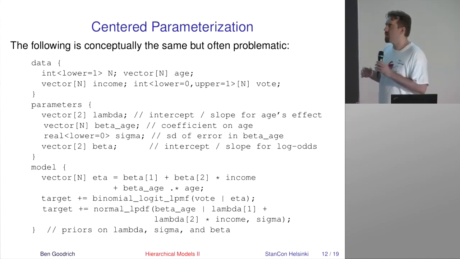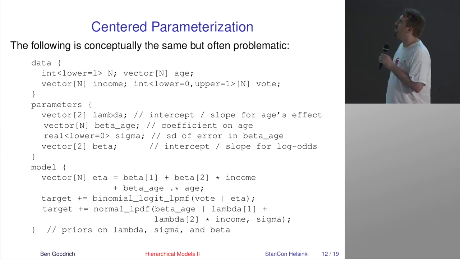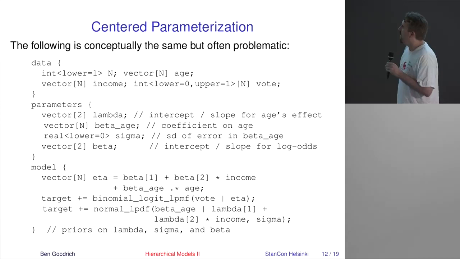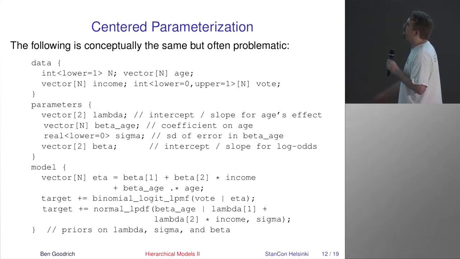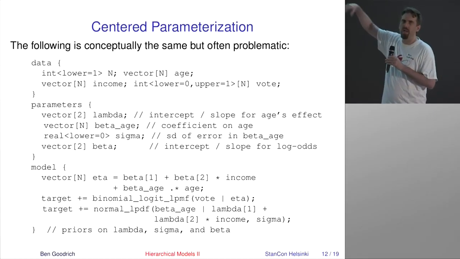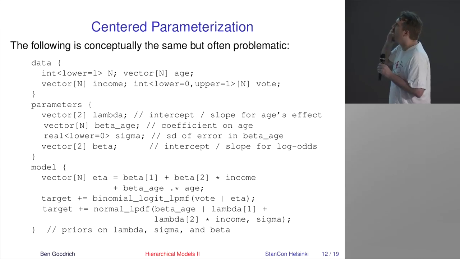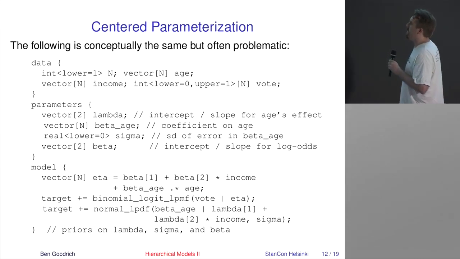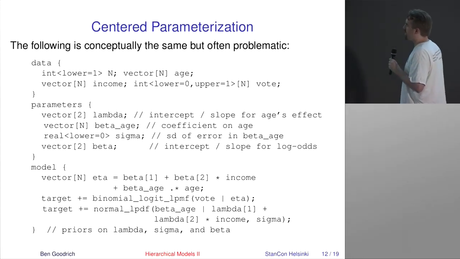We could use a centered parameterization where the data and the parameters block are the same as they were before, except now I've put beta age in the parameters block rather than the model block. So beta age is now primitive. It has the same role. It figures into eta in the same way.